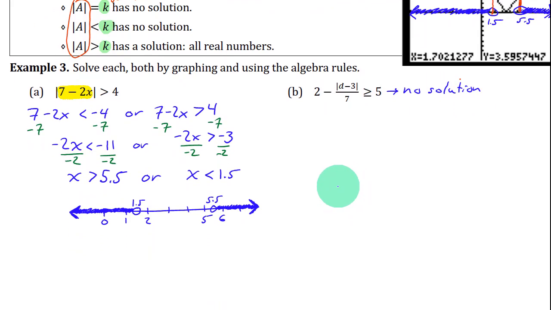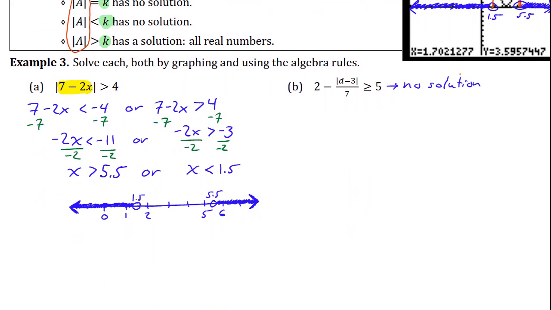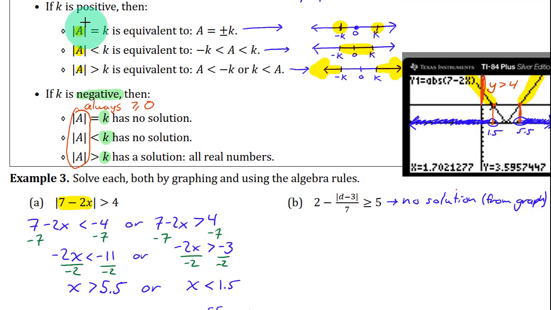Let's work it out the long way using the algebra rules. To do this with the algebra rules, in order to use these rules, you need to have just the absolute value on one side by itself. You don't have that right here.